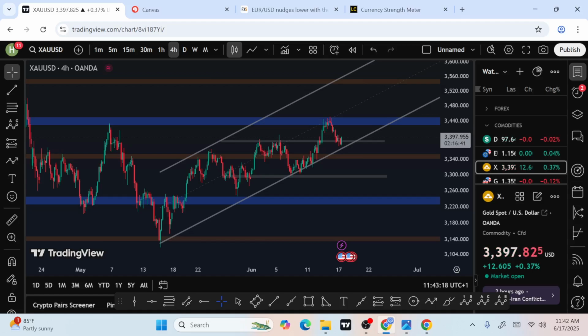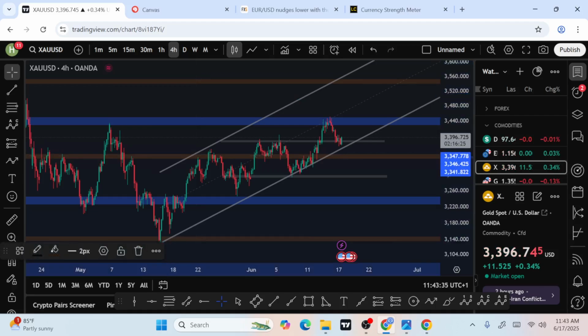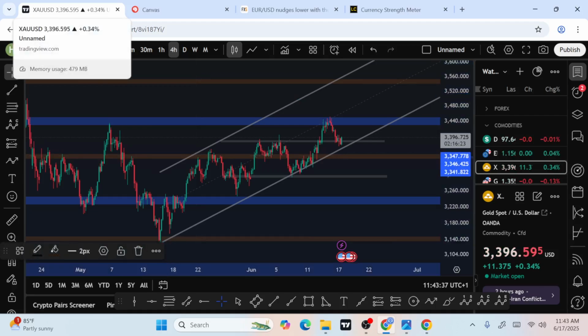Then from here to here is a correction, or corrective move, or retracement, or pullback, whatever you can call it. So this is the next impulsive move, and you can see that this impulsive move breaks structure to the upside.